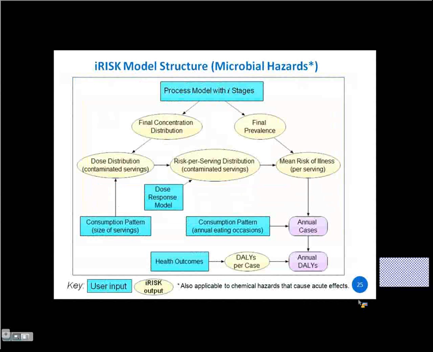Again, distributions are often used to describe variability in an element that reflects real-world situations, such as for contamination level, processing effects, dose response relationships, and consumption patterns. The inputs we see in this figure apply to a scenario in which the food is contaminated with a microbial hazard or a chemical hazard that causes acute effects.